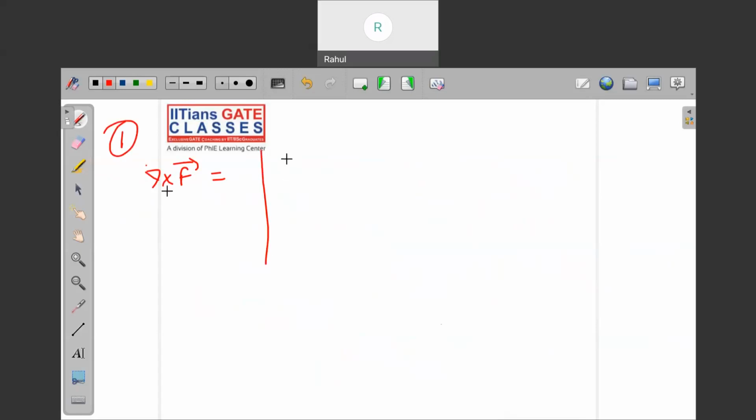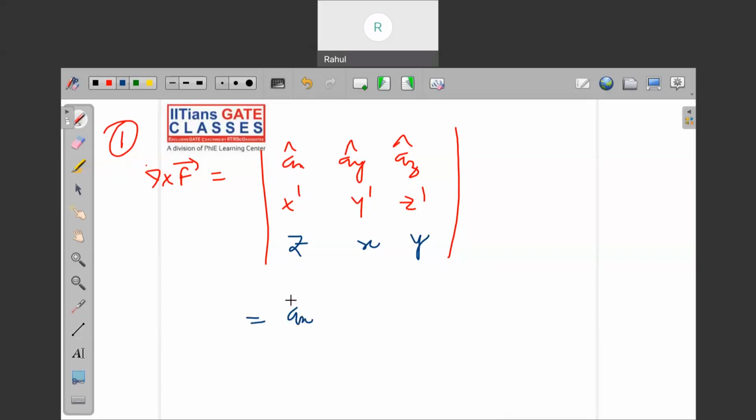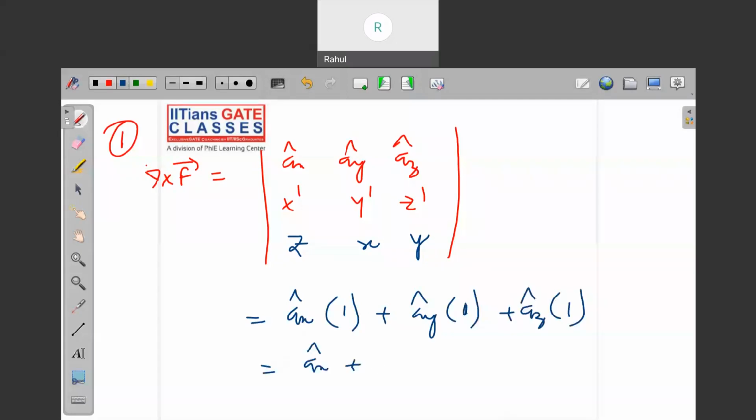The curl of f can be computed with ax cap, ay cap, az cap, and the partial derivatives with respect to x, y, z. Computing the ax component gives 1, the ay component gives 1, and the az component gives 1. So you have ax cap plus ay cap plus az cap.